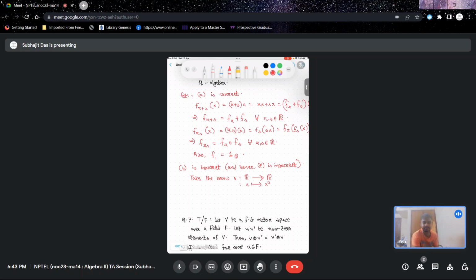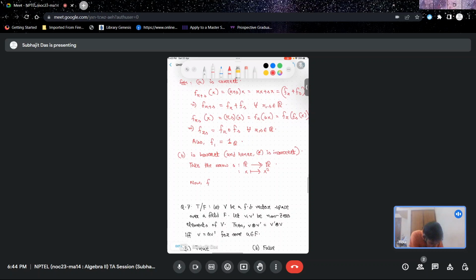This is a perfectly well defined set map. Now f_2 composed with S of 1 is equal to f_2 of 1, because 1 squared is 1, so this is just 2, while S composed with f_2 of 1 is S of f_2(1), which is S of 2, which is equal to 4.